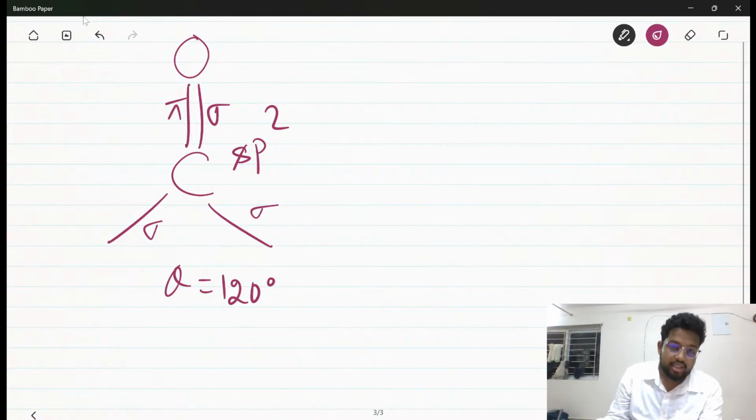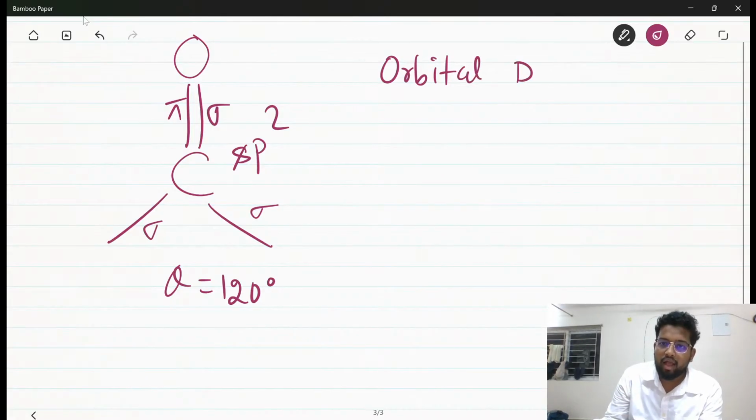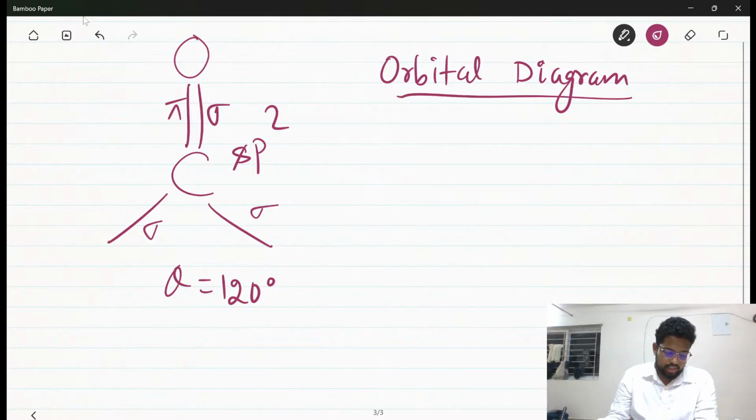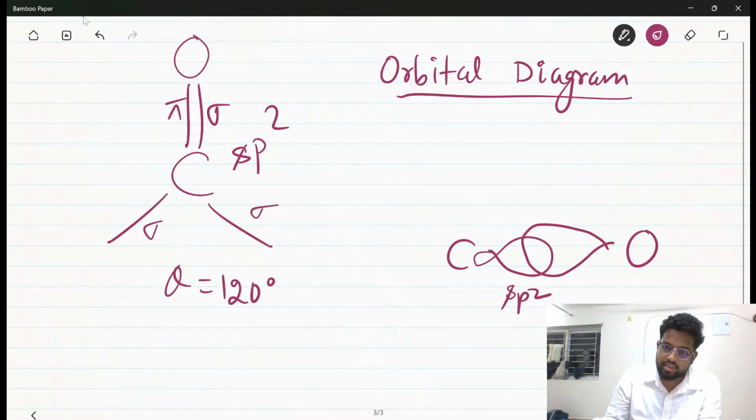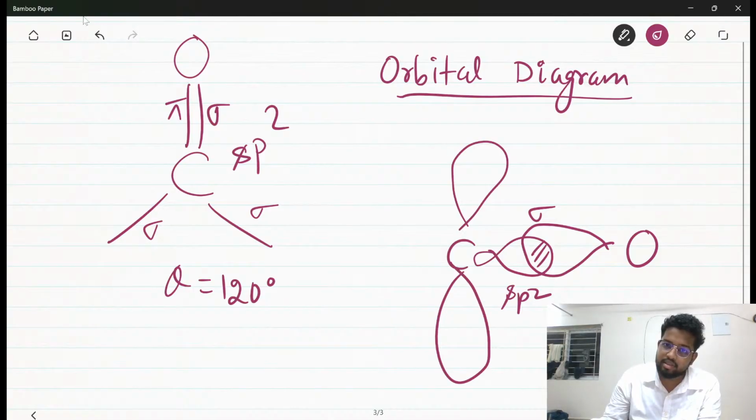Now what else? Here I need to tell you about the orbital diagram. Do you know which orbitals will participate from oxygen side? So carbon, oxygen. First they will form sigma bond. sp2 orbital of carbon and a 2p orbital of oxygen will form sigma bond. What about pi bond? Now another 2p orbital of carbon and 2p orbital of oxygen forms pi bond.